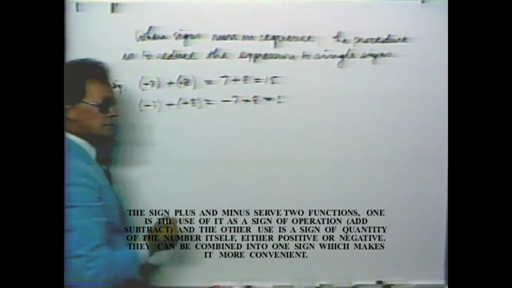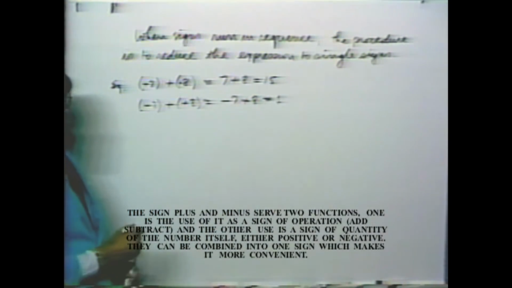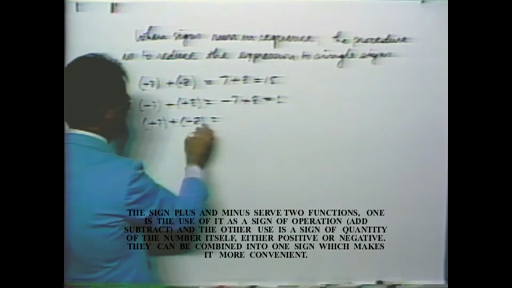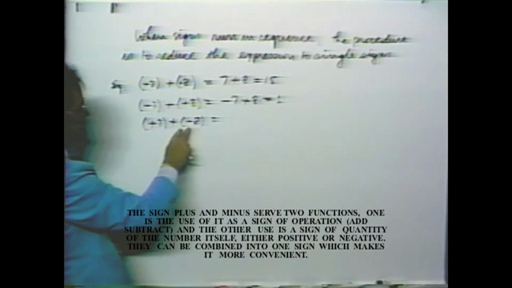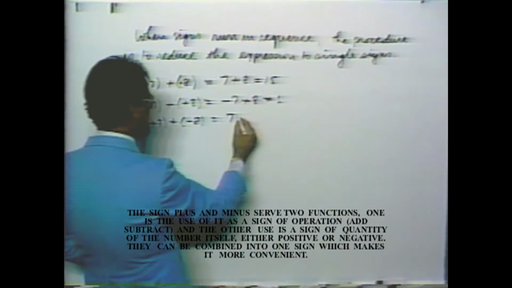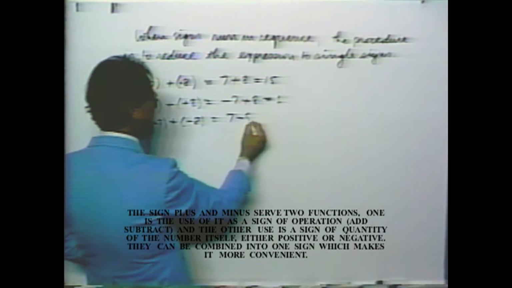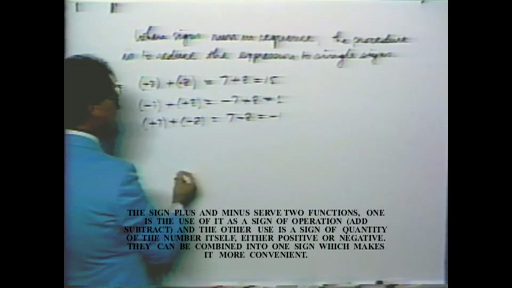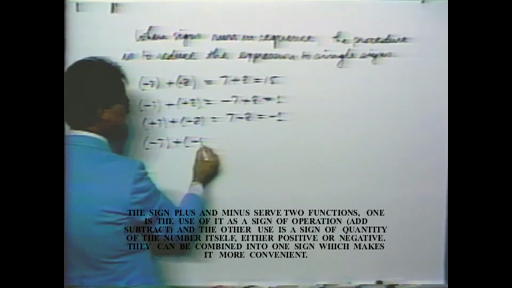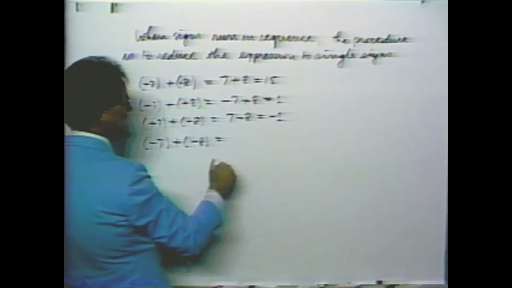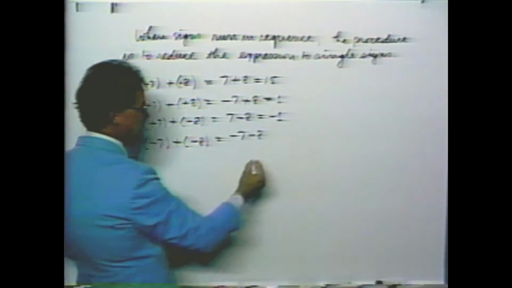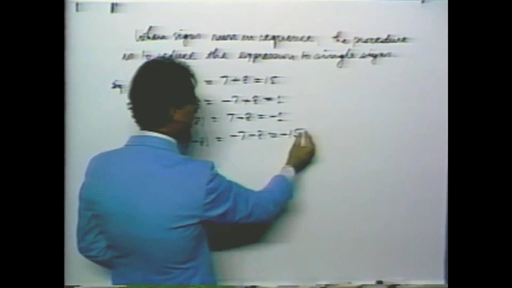And that's the 1. And then we had plus 7 plus minus 8, you see. And that again would simply be viewed as equaling 7 minus 8, which is minus 1. And finally, minus 7 plus minus 8 would be expressed as minus 7 minus 8, and that's minus 15, as before.